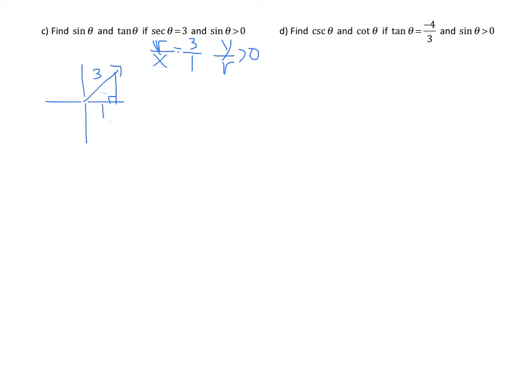Then we use the Pythagorean theorem to find the y value. So 1 squared plus y squared equals 3 squared. 1 plus y squared equals 9. Y squared equals 8. Y is the square root of 8, or 2 root 2.